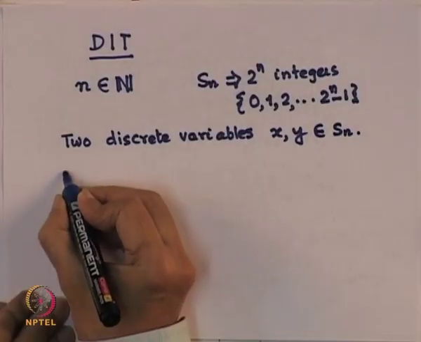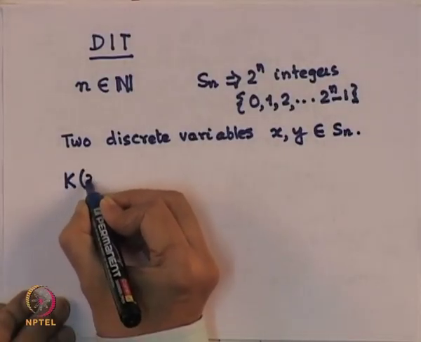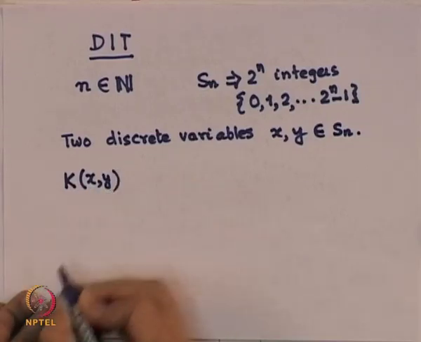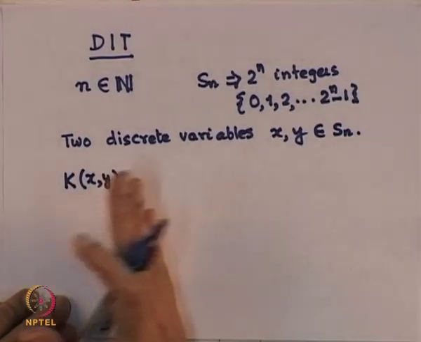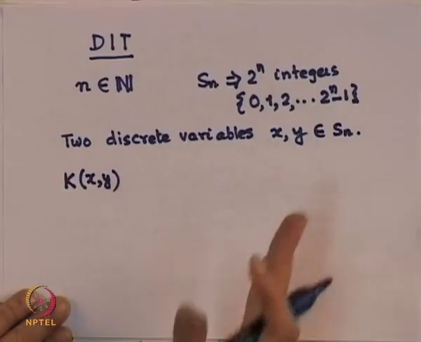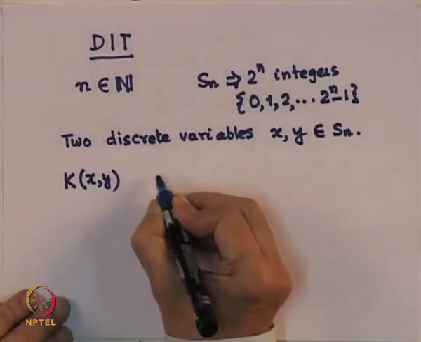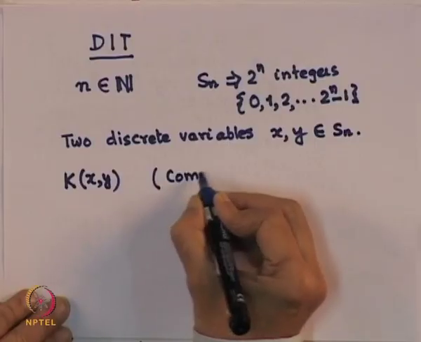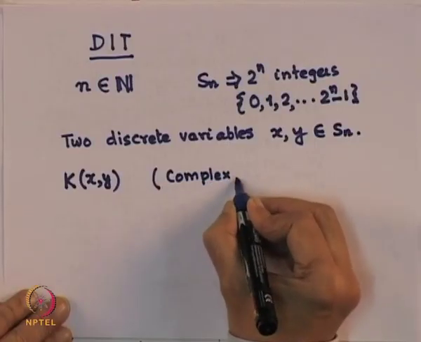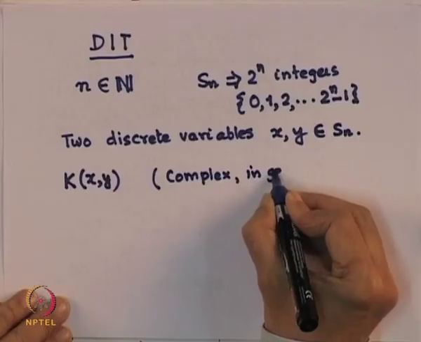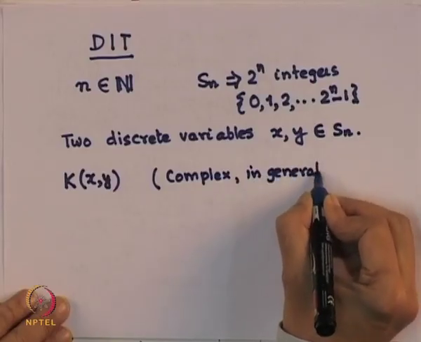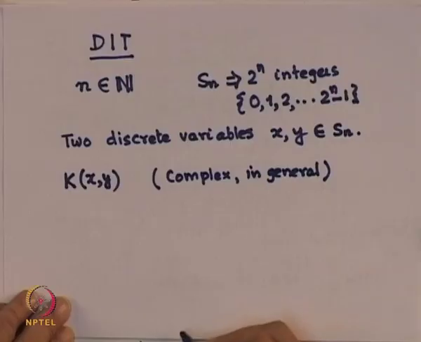Now I define k(x,y) as a bivariate function which is in general complex, as a function of x and y.